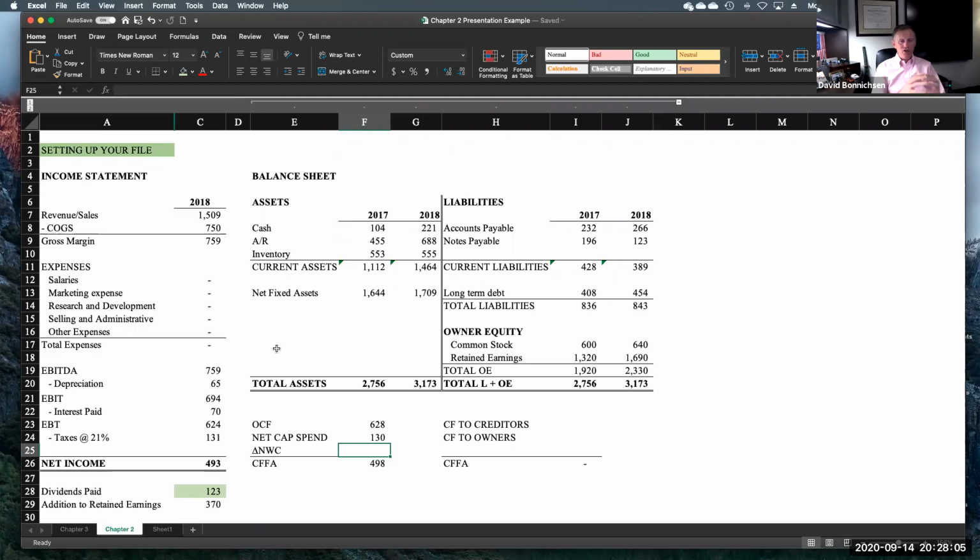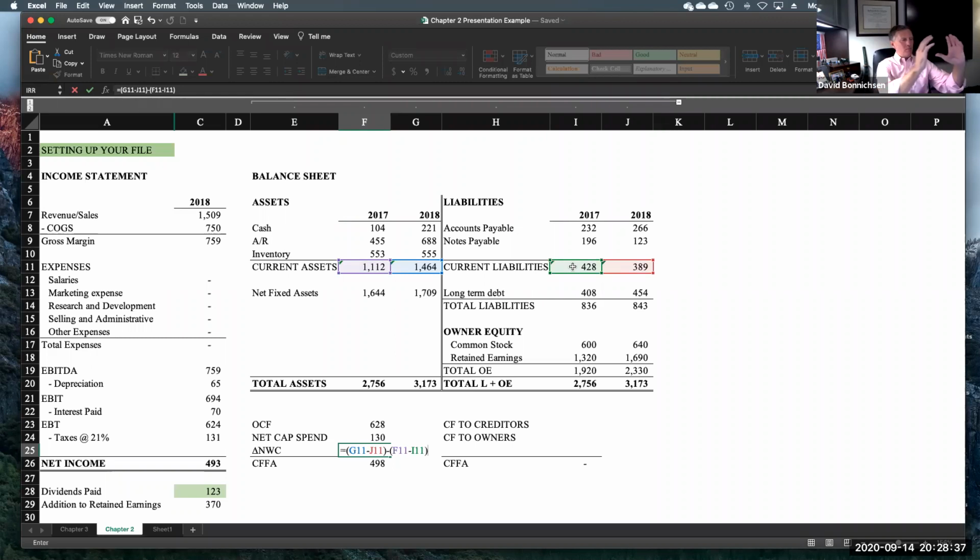When we're doing change in net working capital, we have to do net working capital of 2018 minus net working capital of 2017. Which means we have to do equals current assets of 2018 minus current liabilities of 2018, minus current assets of 2017 minus current liabilities of 2017. So now we've got net working capital of 2018 minus net working capital of 2017.